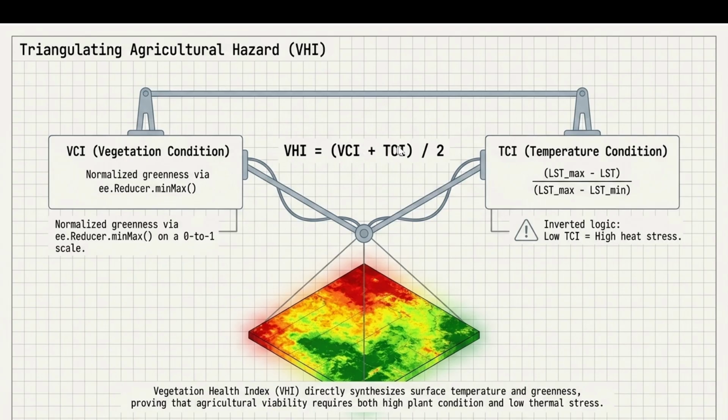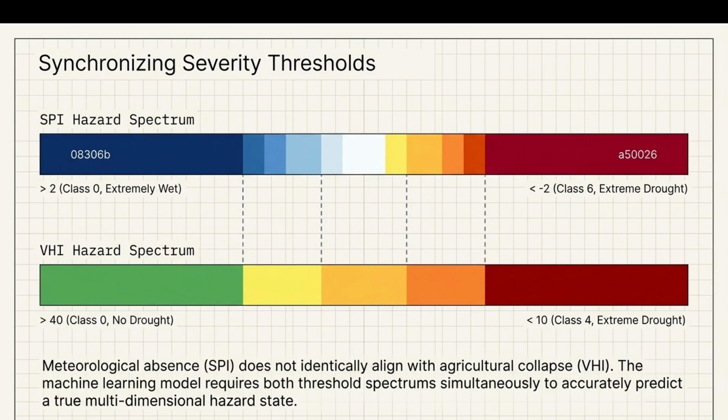This is the formula for the VSI, which computes the vegetation health index. It analyzes surface temperature and greenness, proving agricultural availability requires both high plant condition and low thermal stress. We can identify this using the VSI index, and it also shows the different classes: extreme drought, severe drought, moderate drought.